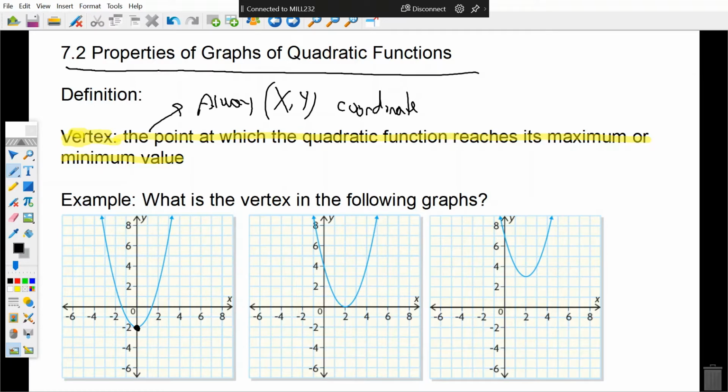In this case, this is the minimum value, right? This is the lowest value for y right there. Same as right here. Here's the vertex. And up here, here's the vertex as well, okay? Now, if you were asked to list the vertex as a coordinate, for this one, the x value of this vertex is 2, and the y value is 3. So the vertex is 2 and 3.